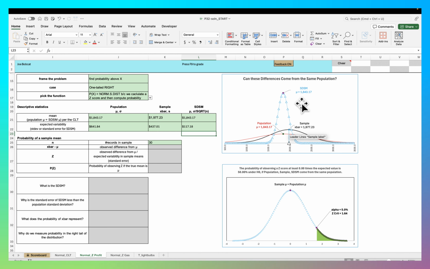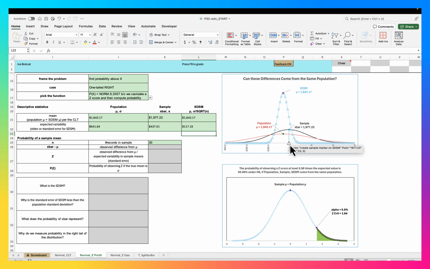And then the blue line is the sampling distribution, meaning if we just kept taking means all day long, how would they distribute theoretically? And you can see the blue line here. And so the question is, if this is our sample mean, where does it fall in the sampling distribution? That's what we're trying to calculate.